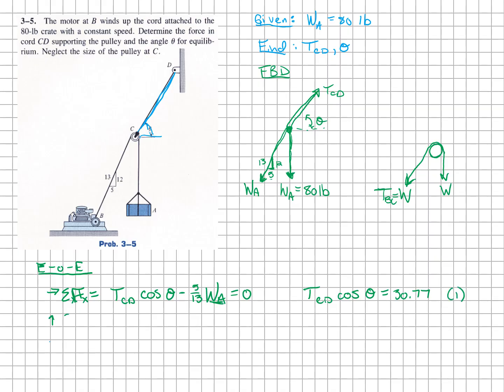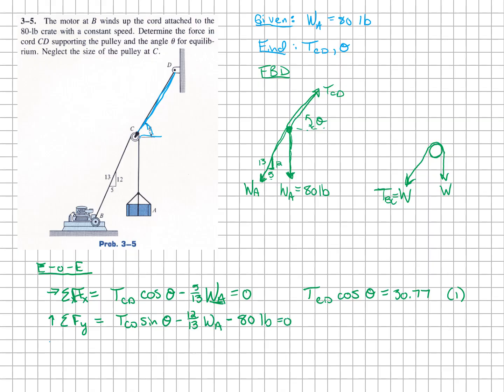Then I can do the sum of the forces in the y direction, which will be TCD sine of theta minus the y component of this force, WA, which is the 12/13, and WA will be 80, minus 80 pounds, which is my weight coming down, and that's equal to 0.